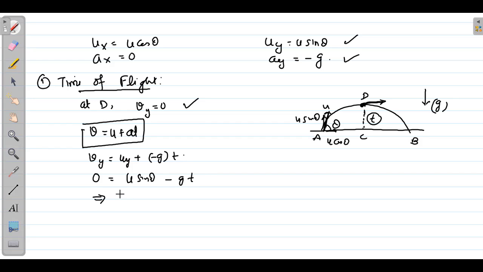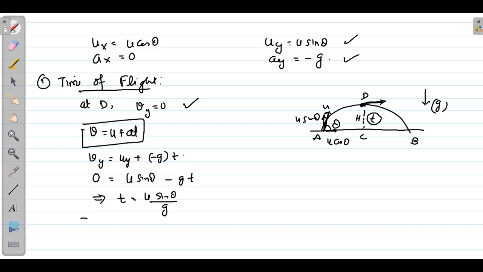This implies that t equals u sin theta by g. This is the time taken by the projectile from the ground to reach the highest point. And because acceleration is the same, the same time will be taken by the projectile to reach the ground by covering the same vertical distance, that is h.